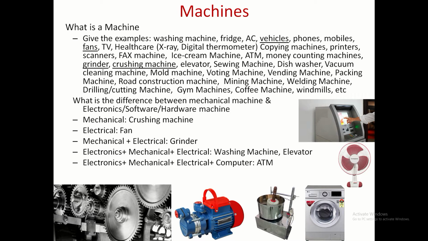Then, due to the invention of electricity, we have motors and drives which work based on the amount of current passing through the coils. The coil in turn generates some magnetic field, which produces a corresponding displacement, which we call motors.